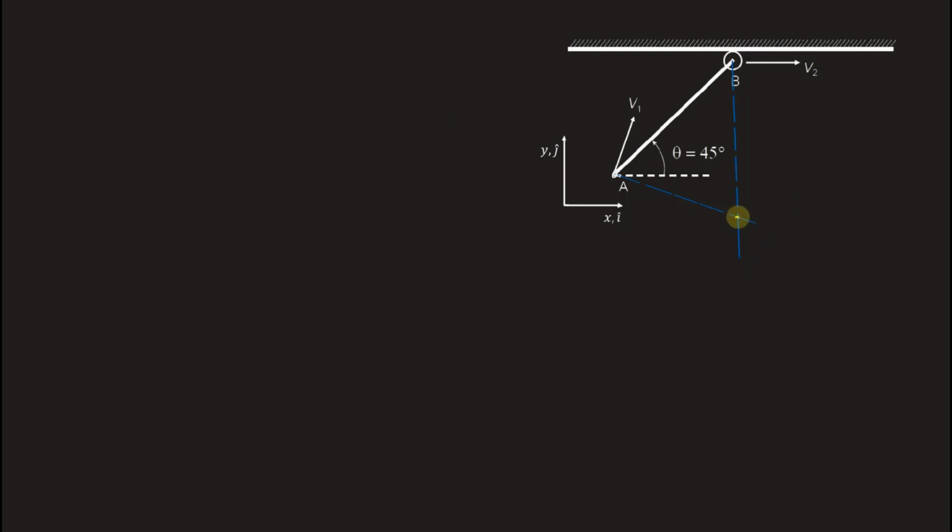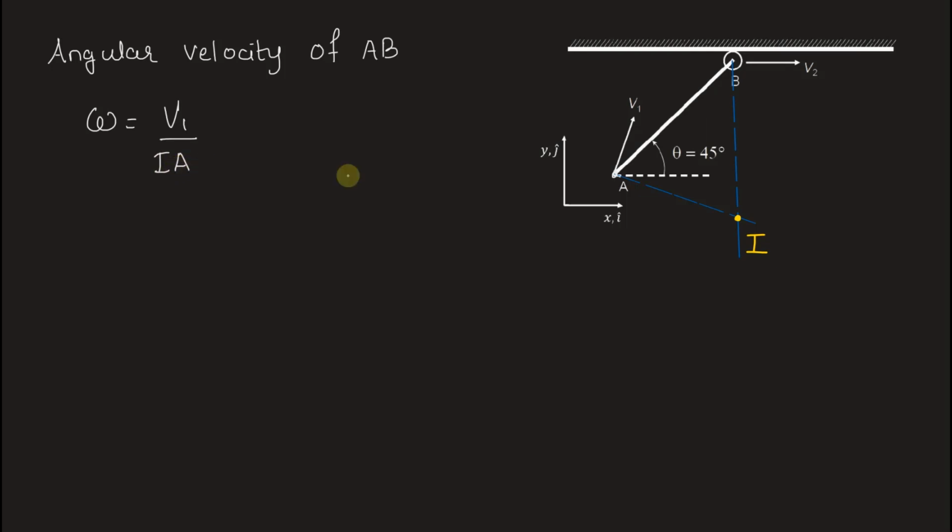This is nothing but the instantaneous center I. Now, angular velocity of this bar can be calculated as omega equal to velocity v1 upon IA, that is the distance between the point which is having velocity v1 and the instantaneous center, IA. This angular velocity will be equal throughout the bar because this is a rigid bar. Its angular velocity will be equal for each and every point on it.